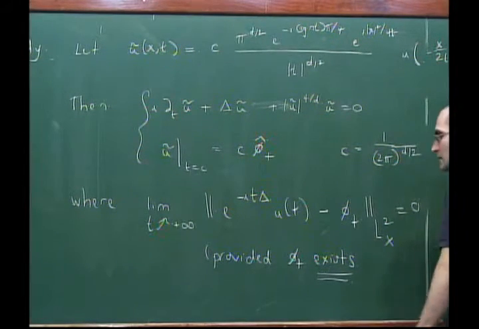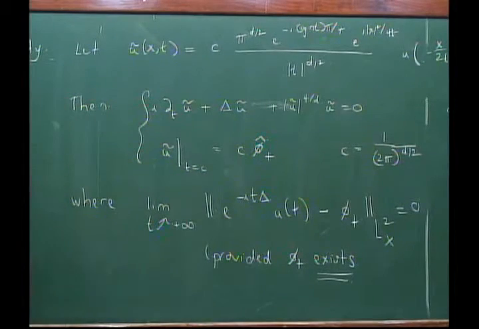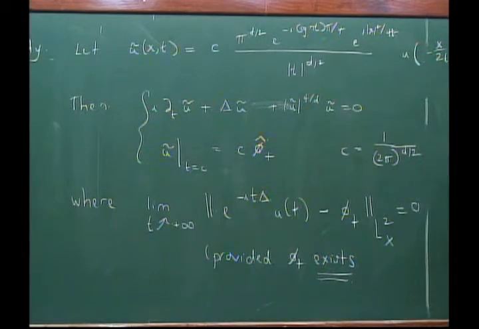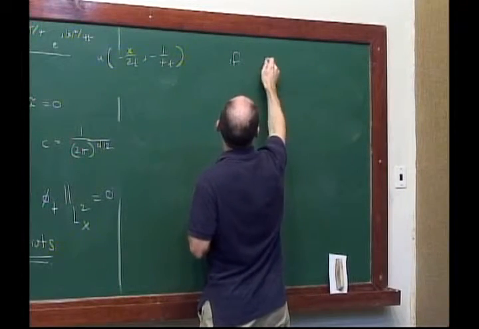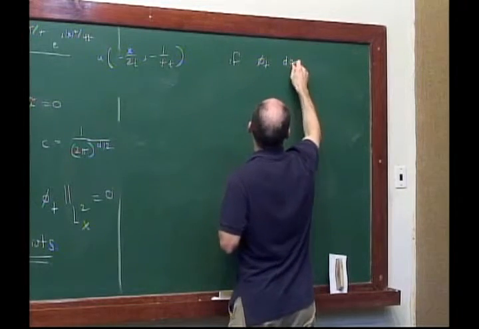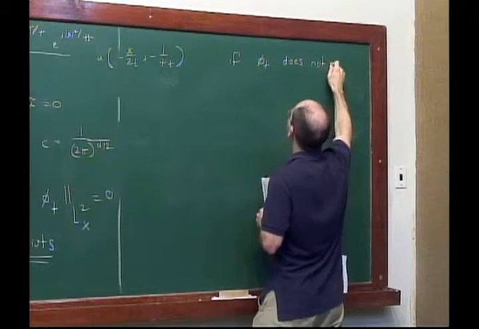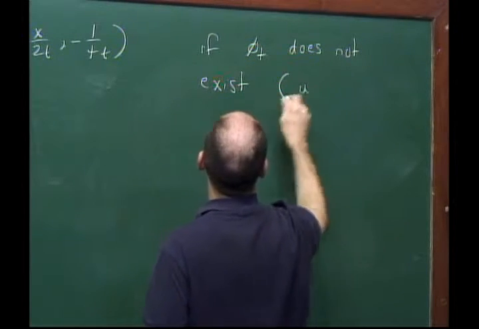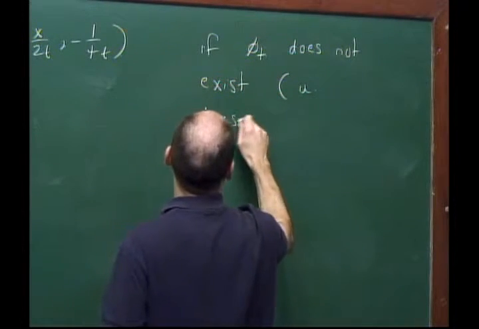So that's how you can construct explicit blow-up solutions, by taking global, non-scattering solutions and applying the pseudo-conformal transform. So if phi plus does not exist, we would say u does not scatter.